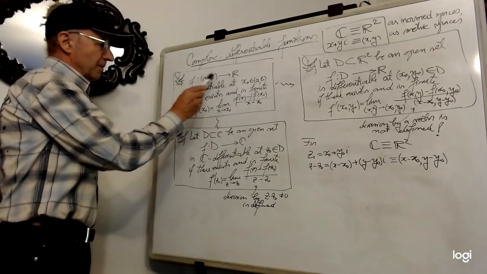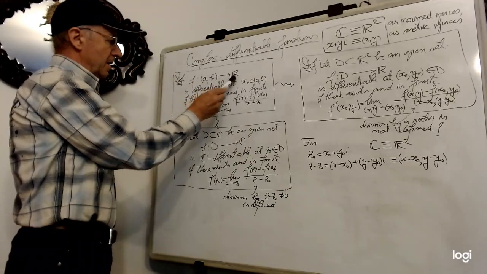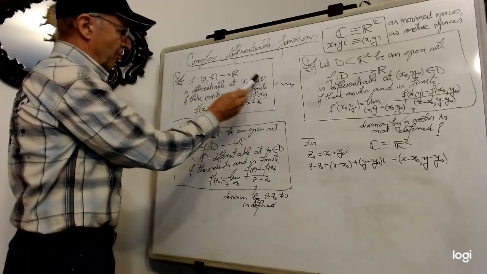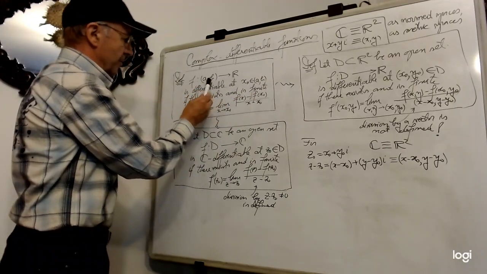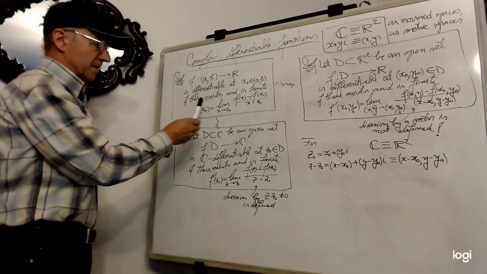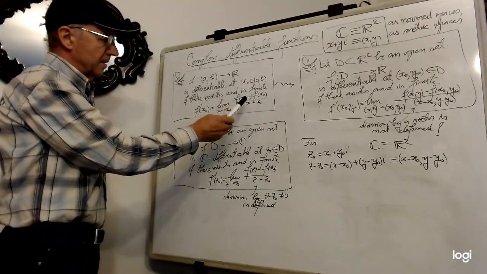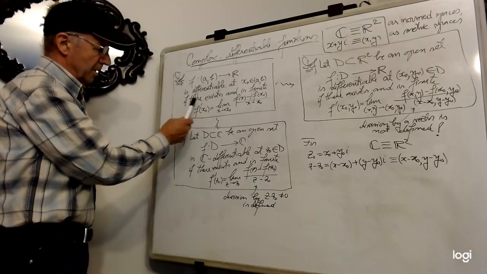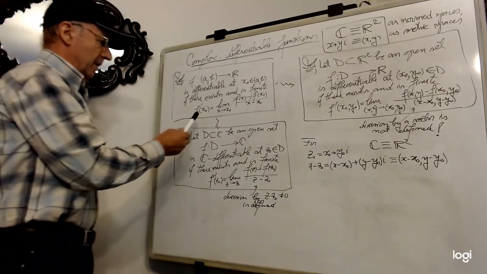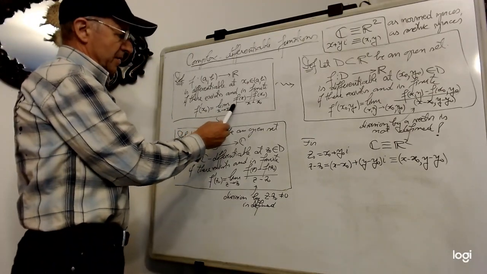A function defined on an open interval (a, b) is differentiable at a point x0 from this interval if this limit exists and is finite. We denote it by f prime of x0, limit for x going to x0.